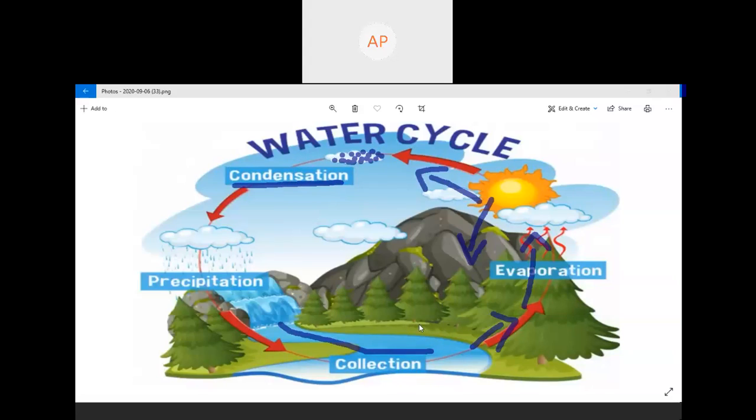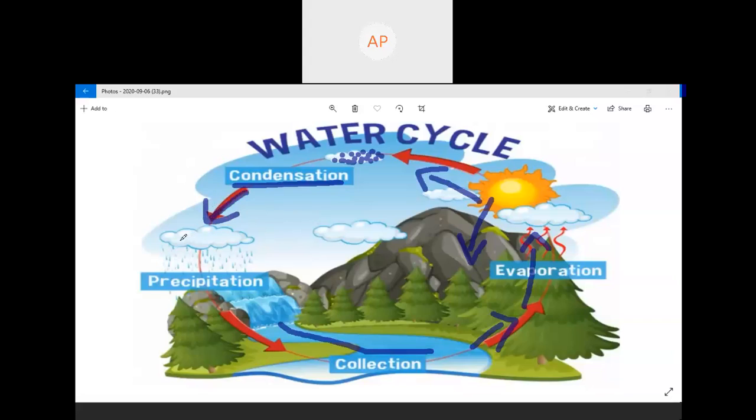Michael, listen. Next, after condensation, at one point of time, the cloud becomes very heavy because of the content of water particles. When the water vapor joins together and forms the clouds, at one point the cloud cannot hold the water because its weight will make it pour.